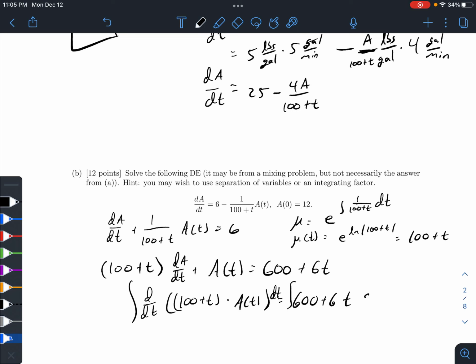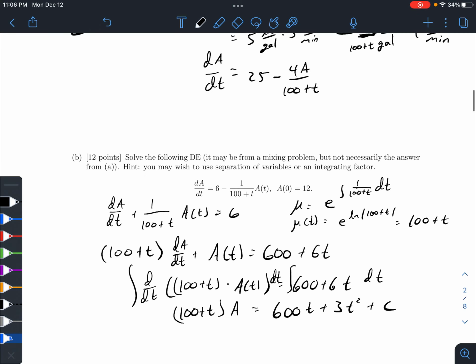So now we can just integrate both sides with respect to t. On the left, we just get 100 plus t times A of t. On the right, we get 600t plus 3t squared plus C. We don't know what C is yet, but we can solve for A quite easily by dividing over.